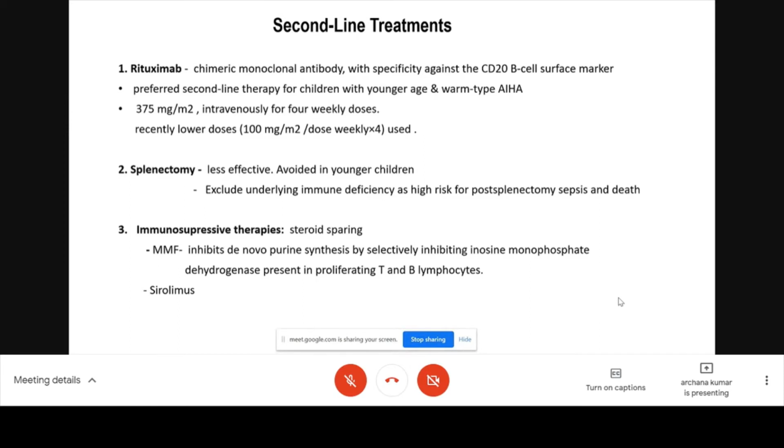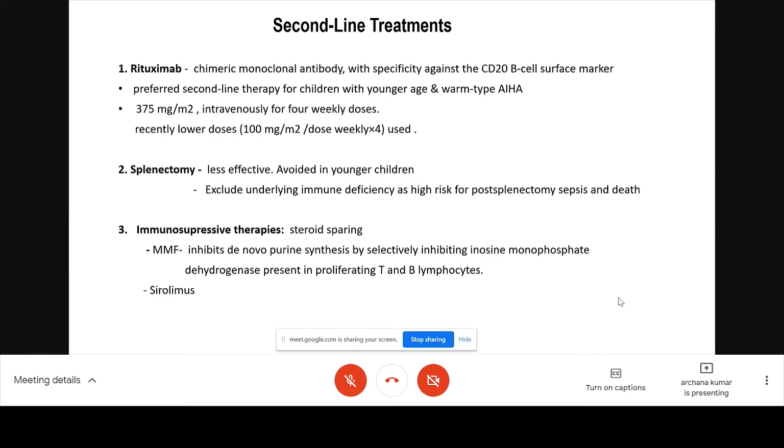Splenectomy is less effective, generally, especially where spleen is not involved in the hemolytic process. Remember that, especially in the cold type, it may not be effective at all. Also, it should be avoided in younger children because they could land up with sepsis.